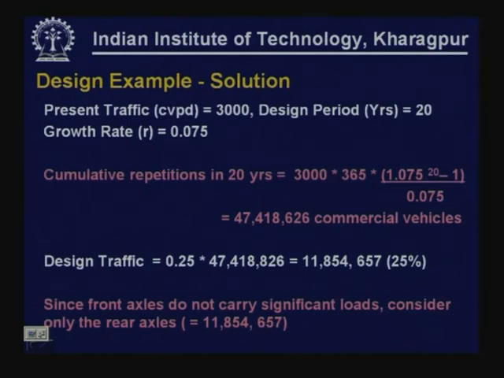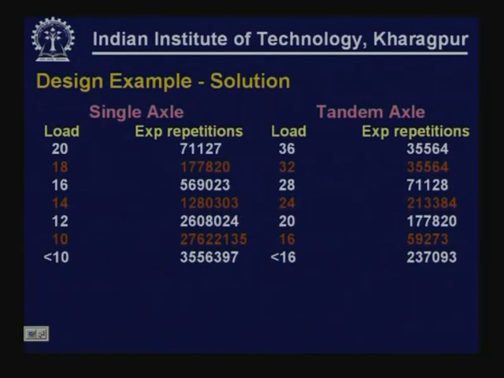Considering 25% of this for design, 0.25 into this value is 11.854 million. Since the front axles do not carry significant loads, we are only considering the rear axles, about 11.854657 million.